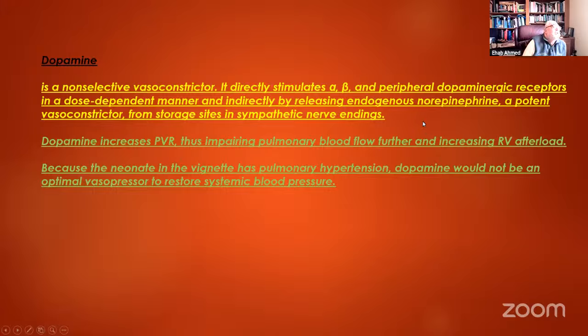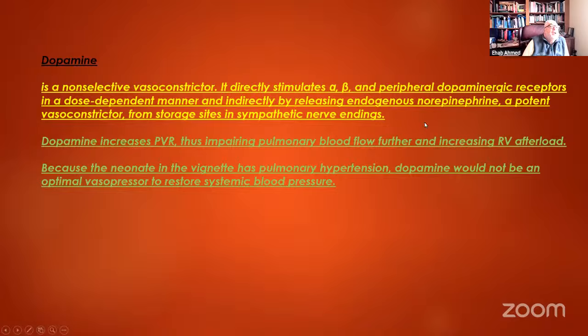Dopamine can also be given in different doses: low dose, intermediate dose, and high dose. It has a renal dose when it's given low, and then it has a vasopressor dose when it's given high. It's a non-specific vasoconstrictor that directly stimulates alpha, beta, and peripheral dopaminergic receptors in a dose-dependent manner.